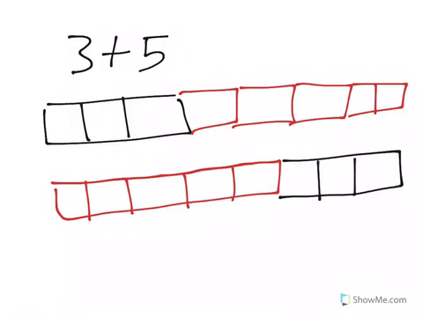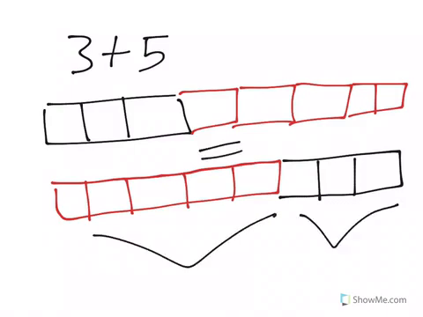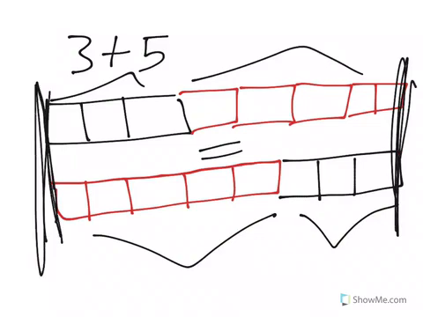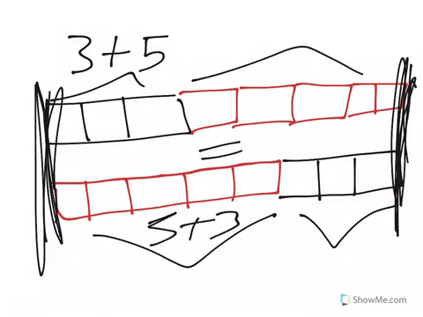But you notice that these two expressions are equivalent, because it doesn't matter if you put your 3 on the left and your 5 on the right, or your 5 on the left and your 3 on the right, they are still the same size, right? And we know mathematically they both equal 8. So if you start here and count to 8, it's going to be the same. 3 plus 5, 5 plus 3, we're going to be looking at the same answer.